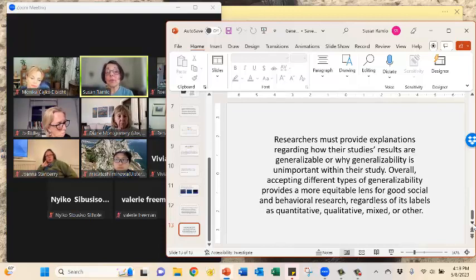This is something that we really need to do more of in our Q papers, studies, and publications, along with explaining why validity, and therefore reliability, is not an issue within Q. But overall, we need to accept different types of generalizability in order to provide a more equitable lens for good social and behavioral research, regardless of its labels of quantitative, qualitative, mixed, or other.